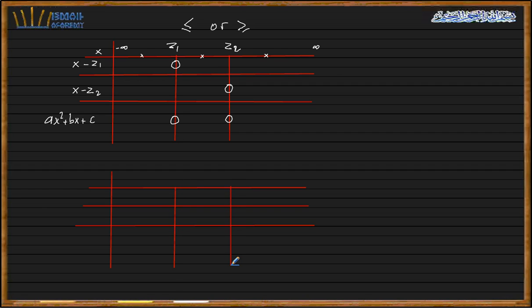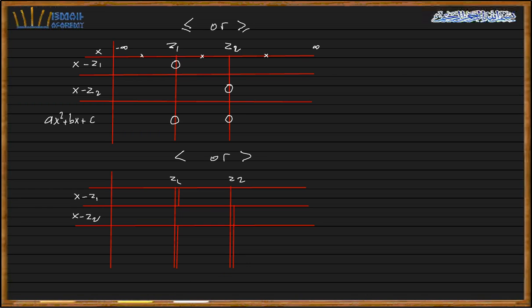At the zero, when we have z1, z2, this is x minus z1, this is x minus z2. Here we have strictly less, this is a table for that type. So here we don't put zero, we put a double line. That means we're not including those in the solution. This is why you put a double line.